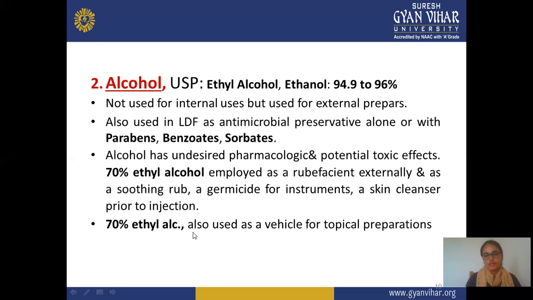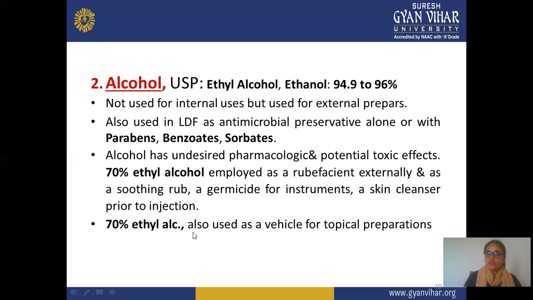In this, 70% ethyl alcohol is employed as a lubricant externally, as a soothing rub, as a germicide for instruments, and as a skin cleanser prior to injection. This means that rather than for internal formulation, this alcohol is used for external formulation or other purposes.